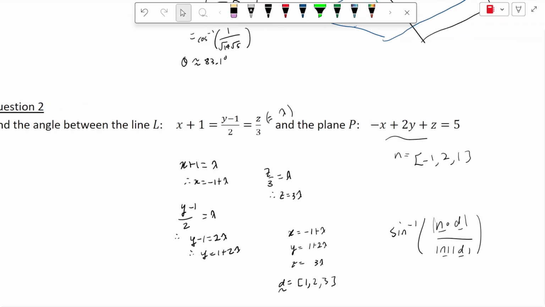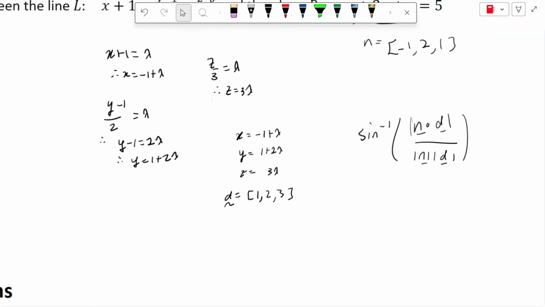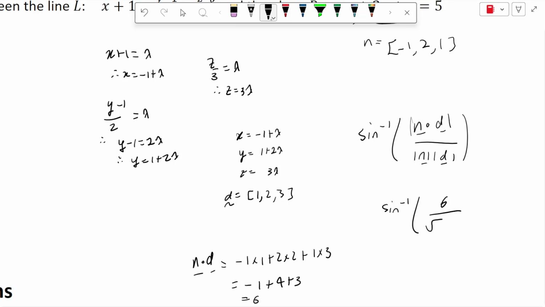Cool. All right, so we've got to do n dot d. So I might actually just do that off to the side here. So it's -1 times 1, 2 times 2, and 1 times 3, which is 6. So you get inverse sine of 6 over mod of n, root of 6, and then the direction vector there is root of 14.